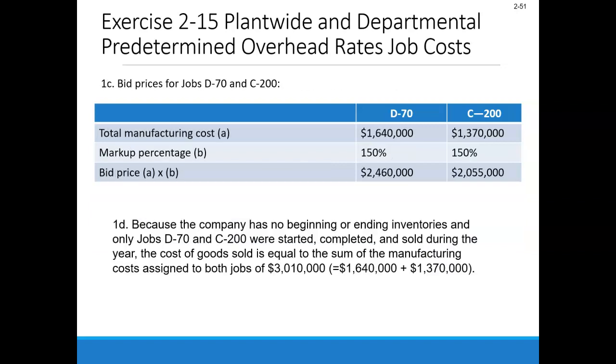Okay? Now, what do we bid it for? We know based on just what the costs are, and it tells us we mark it up 150%. So the cost times the 150% is what we're going to bid it for. Make sense?